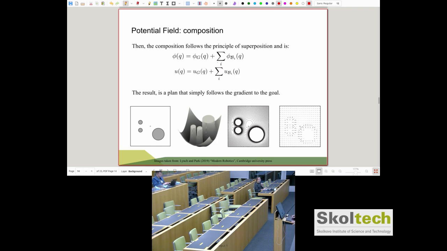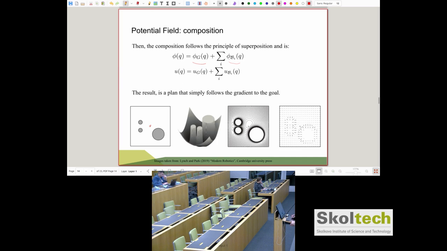You have one that is for sure taking you to your goal, right? Like for instance, in this example, we have here the goal. And then you have a bunch of objects, and we're just going to sum them up. Again, this is more of a heuristic way of calculating this. If you want to calculate this properly, well, we'll discuss a little bit later. But let's say that at the beginning this was really a thing, because this allowed to solve many problems that were not possible to solve, very easily and in a fast way.